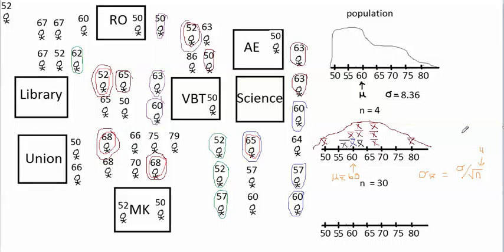So if you took a bigger sample, like a sample of 30 from this population, then each of those possible samples of 30 would have its own sample mean, and those sample means would be closer together, and they would be more packed in closer to the population mean with less dispersion.